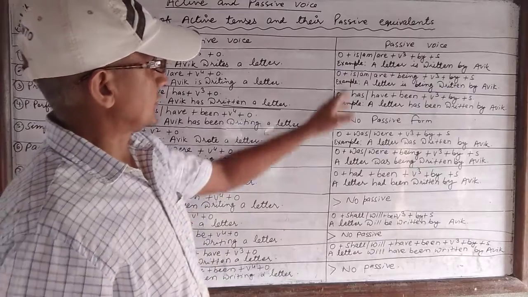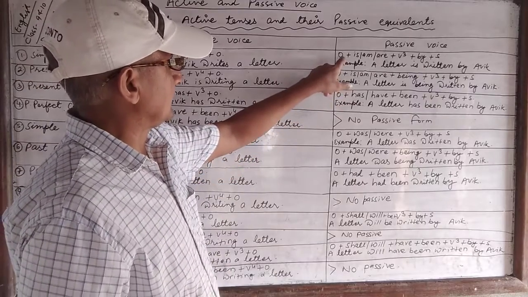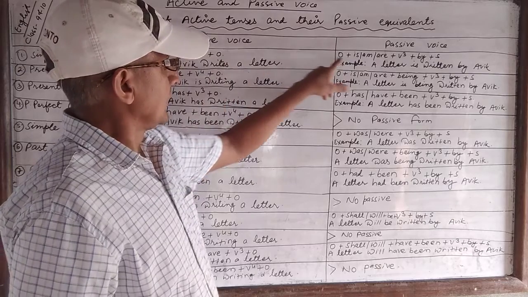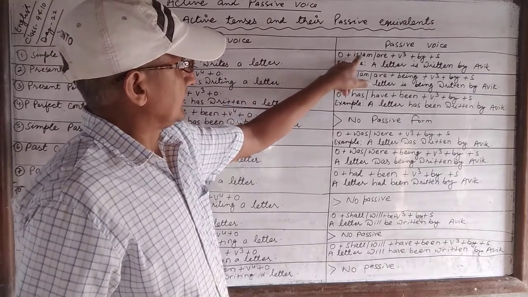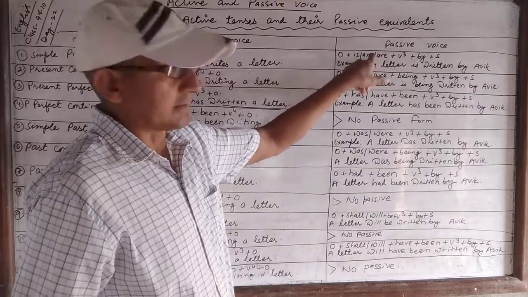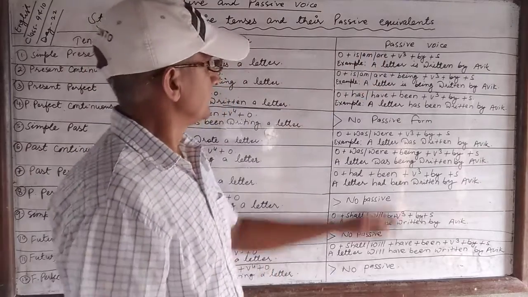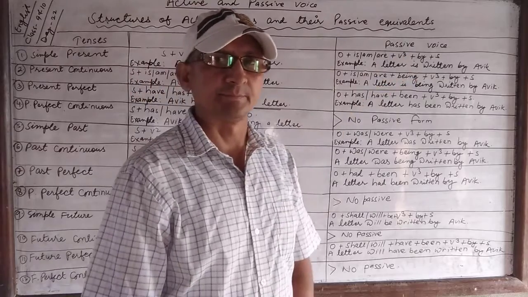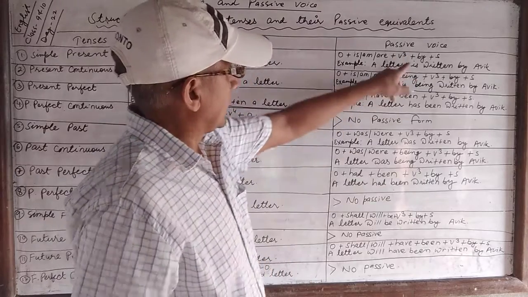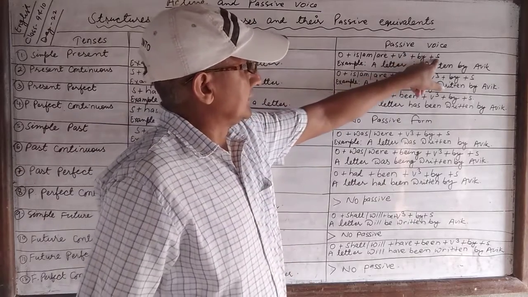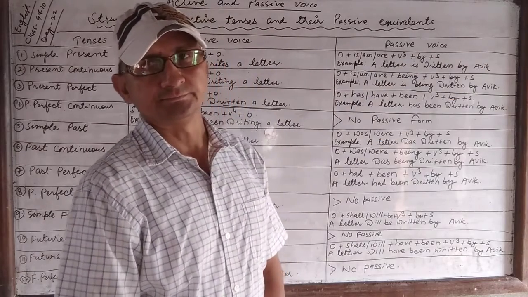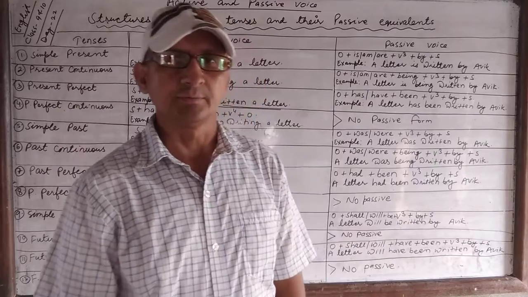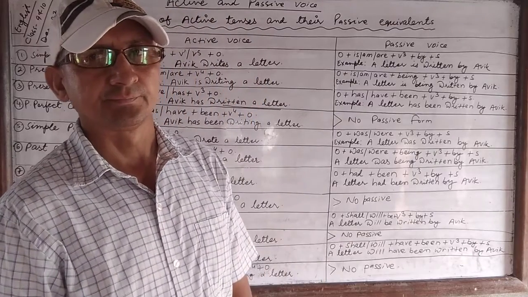And the passive structure of simple present tense is object, here object means object of the active voice. After object there is is/am/are, like be verb, and after that plus V3, the past participle form of the verb, and then by and subject.